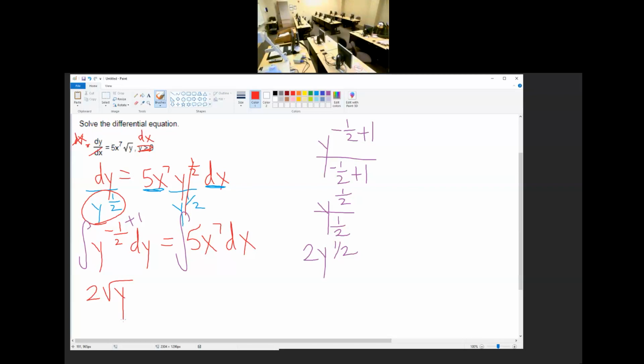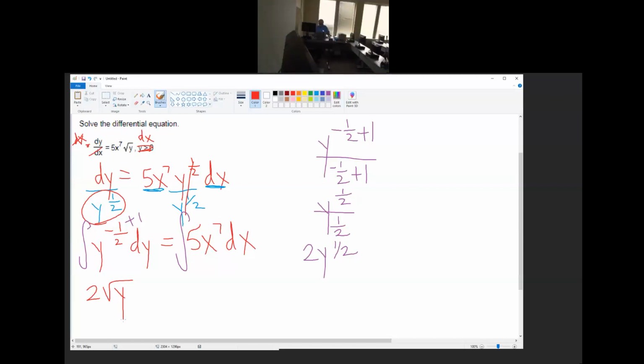Because we're not plugging anything in, specifically no limits of integration, we have to put plus c, or in this case, c sub 1, to represent any possible constant.